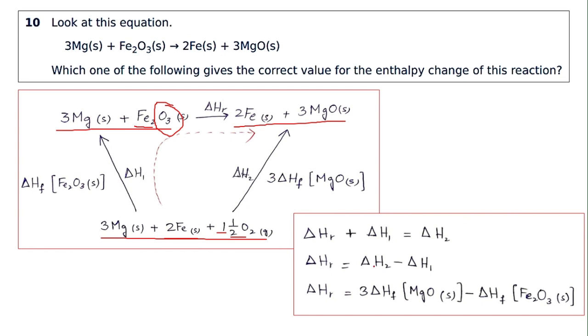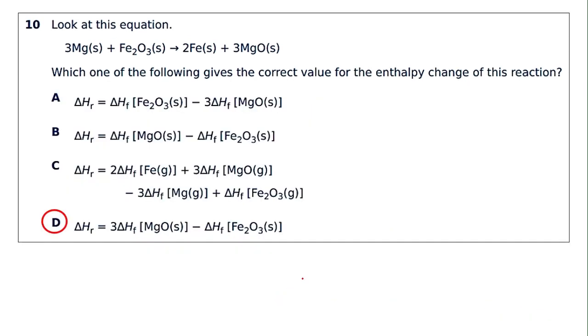It will be equal to delta H2 minus delta H1. So in place of delta H2, we are writing 3 times the formation of MgO, minus, in place of delta H1, we are writing 1 time the formation of Fe2O3. So if you compare it, this will be our relation D.